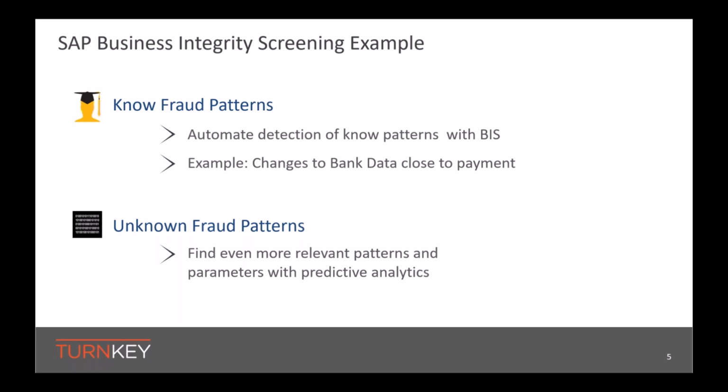So this could be a known pattern. And then we have unknown patterns. This is something where we can look into with predictive analytics, where we have, for example, found a few fraud cases and then try to analyze what are indicators, where are indicators in the data, how can we identify these cases.